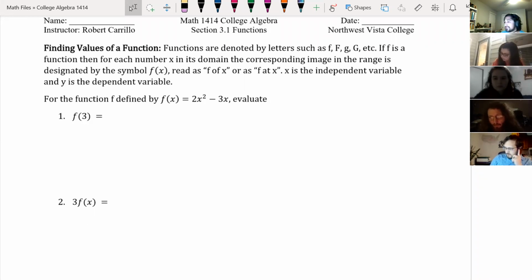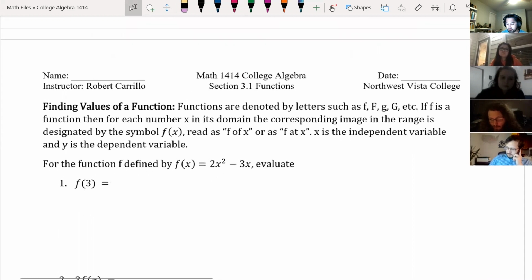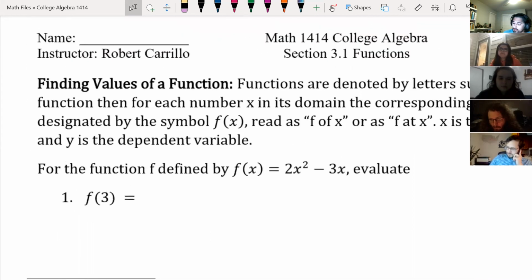So all we're going to do on these examples is, given this function, evaluate it given a certain operation. For number 1, it says f of 3. This means that we want to know the value of this function when x is exactly 3. So what number will you plug in for all the x's on this one? 3. That's it, right? Nothing crazy on this one.